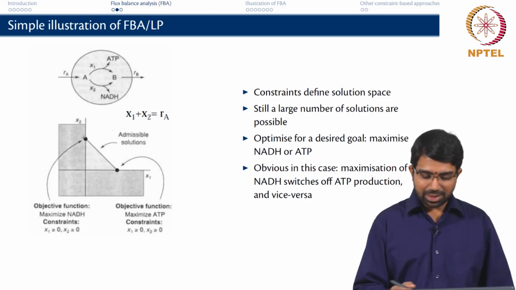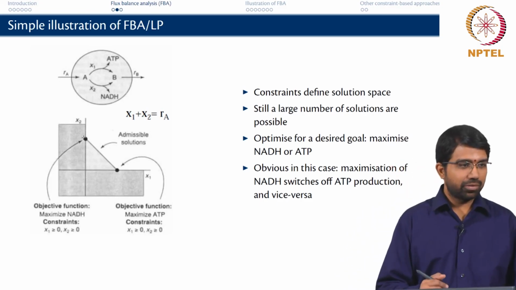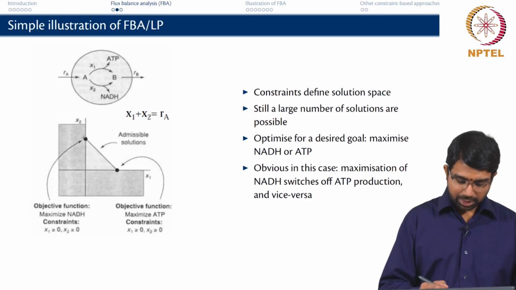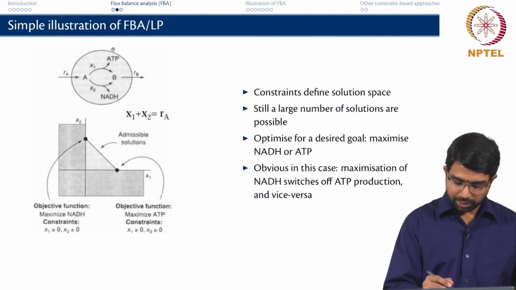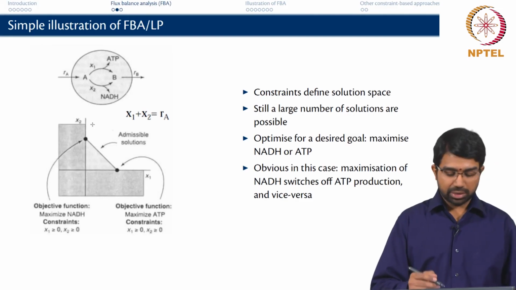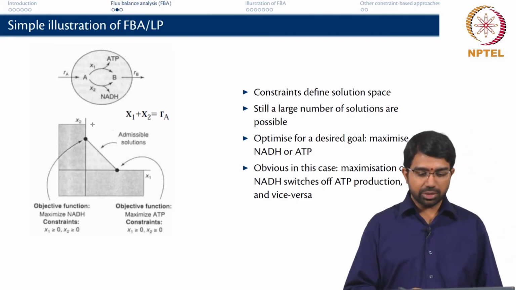So, here you basically have switching of one production and so on. In this case the maximization of NADH switches off ATP production and the maximization of ATP switches off NADH production, right. But you can have whatever appropriate objective function you want.